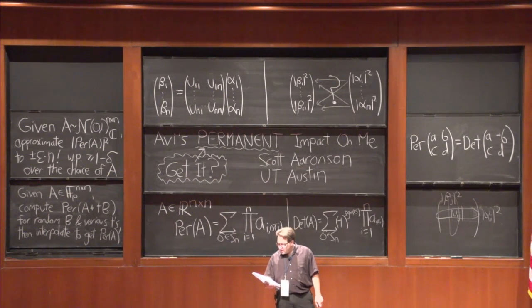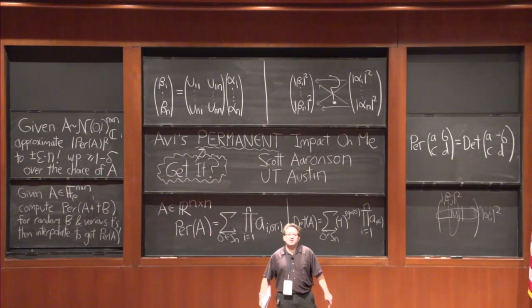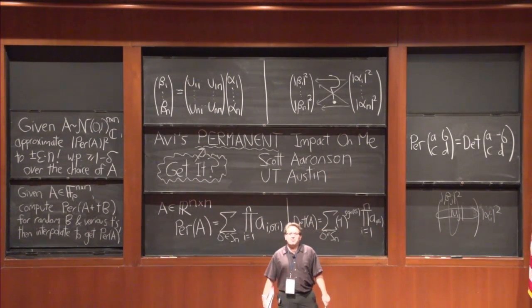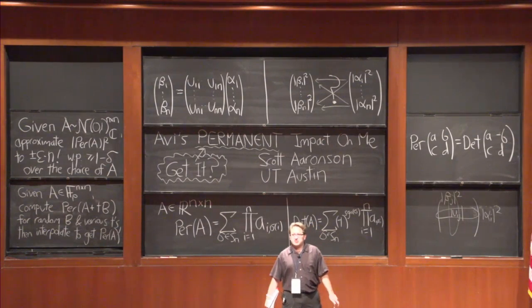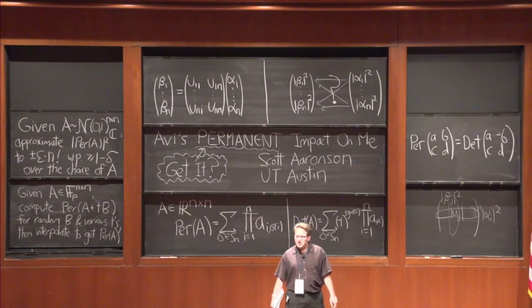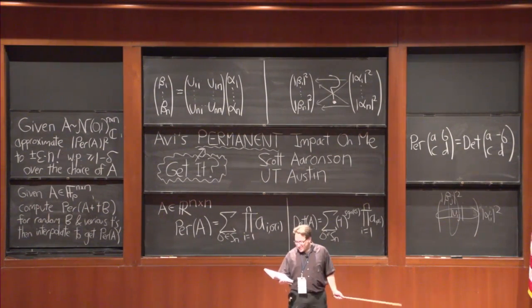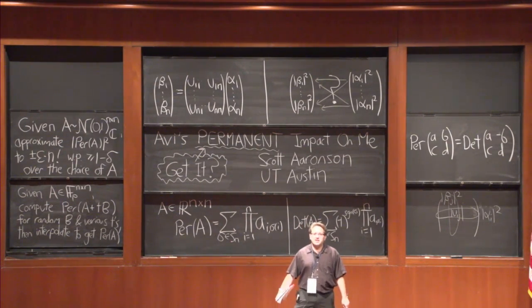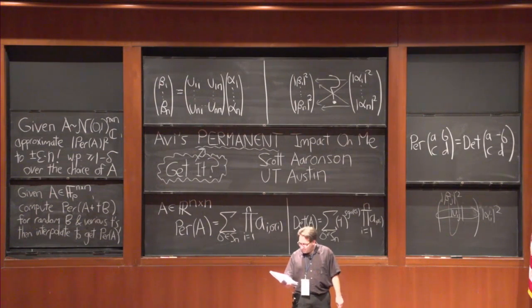But what if your goal was just to sample, say, a random n by n matrix of complex numbers, but in a way that was somehow biased toward those matrices that had larger permanents, or larger absolute values of their permanent? Now, why would that be your goal? I have no idea. But that turns out to be something that this bosonic system, a system of identical, non-interacting bosonic particles, would very easily let you do.